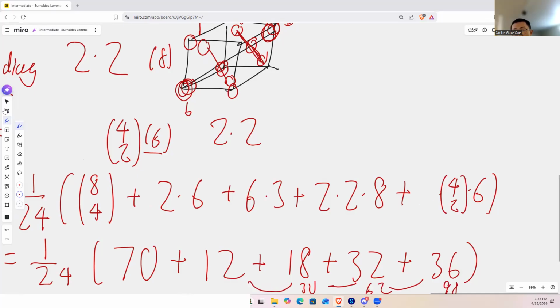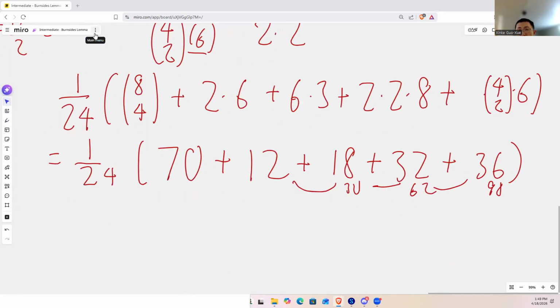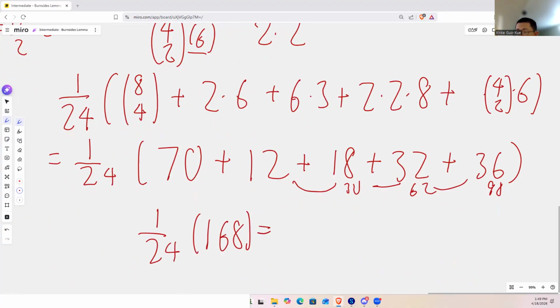So 70 plus 98 is 168. So if you know the symmetries of a cube, this way is actually easier and less likely to make mistakes. You just have to be more careful than me.